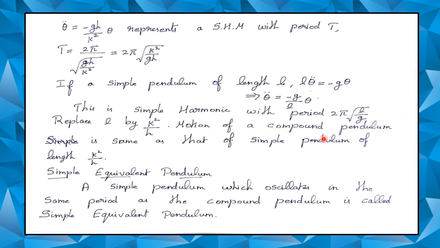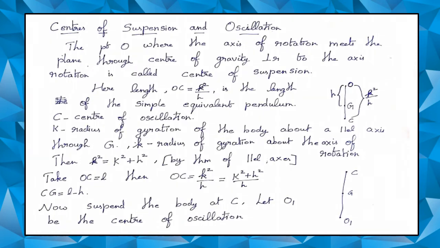So the motion of a compound pendulum is the same as that of a simple pendulum of length k square by h. So this we call a simple equivalent pendulum. A simple pendulum which oscillates in the same period as the compound pendulum is called the simple equivalent pendulum.